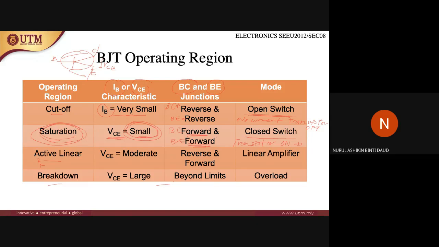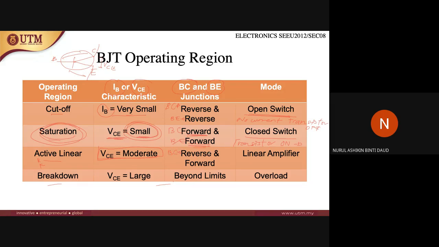At the active linear region, VCE is in a moderate value. It will not exceed the saturation value. The BC junction, be careful here, yeah? This is in order.